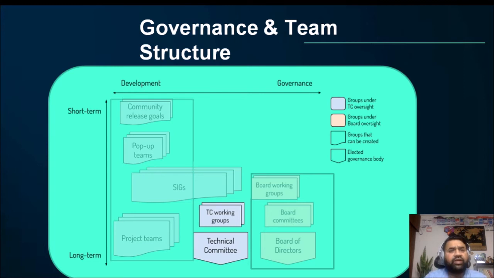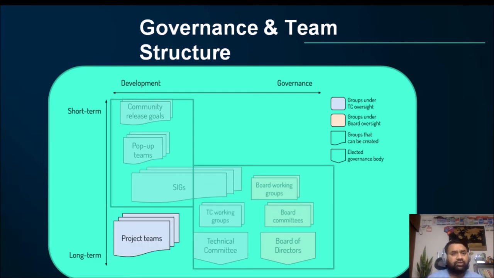It doesn't produce any deliverables as such, but the technical committee work is organized with different teams, like project teams, special interest groups, Popup teams, and working groups. We have the election working group under the technical committee for now, which takes care of the election of the technical committee and project team leads.